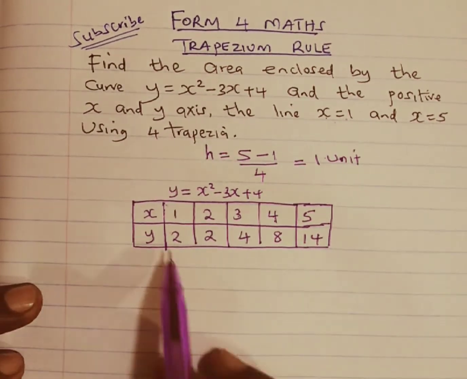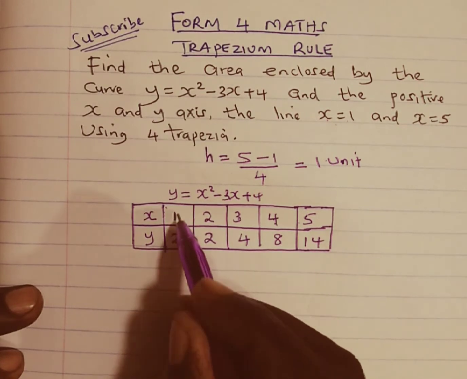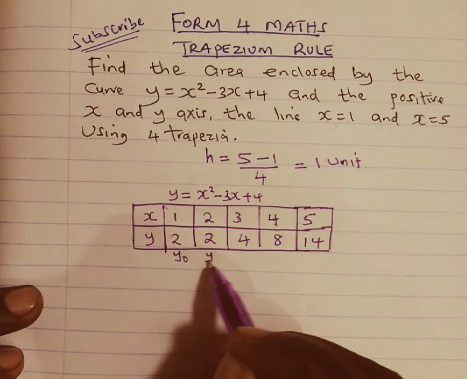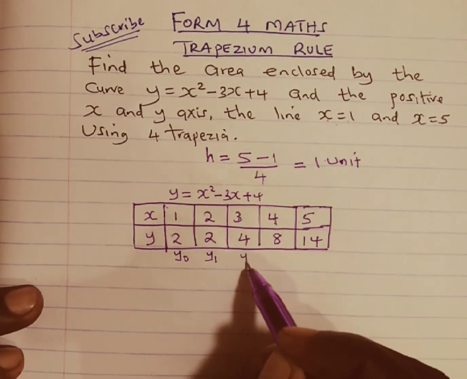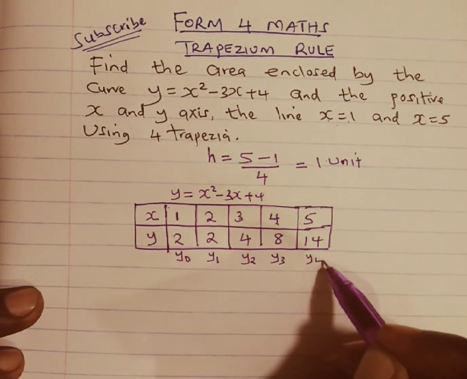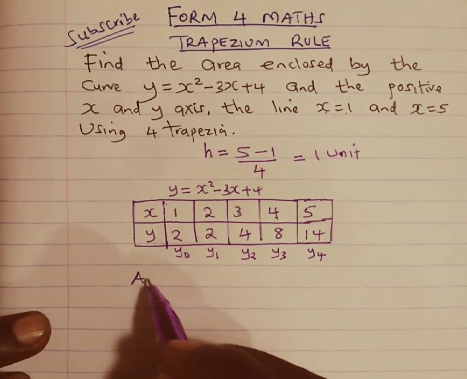Once we have the values of y, we can number them, where the first value of y is given y0, the next one is y1, y2, y3, and y4. Now we can get the area.